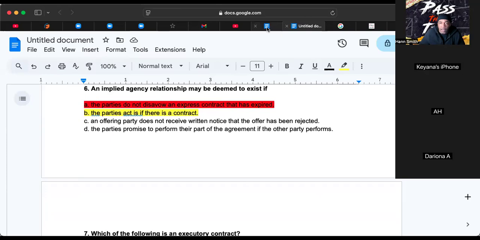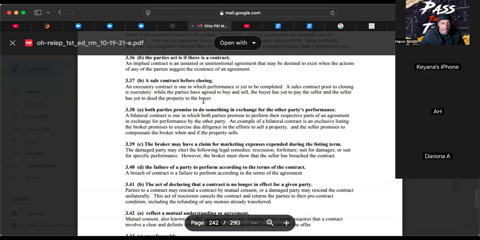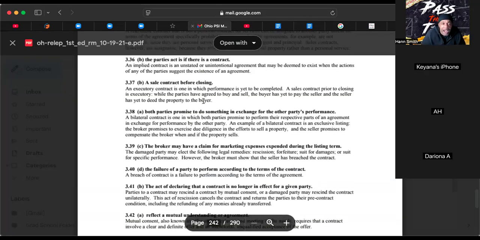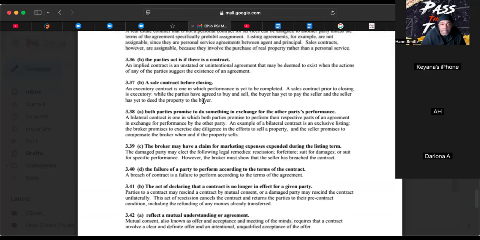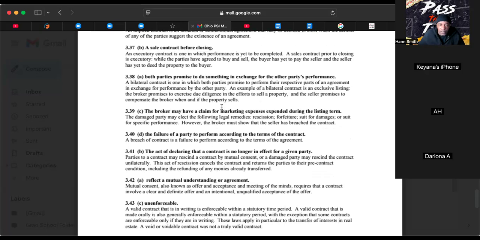And the response to that is an implied contract is an unstated or unintentional agreement that may be deemed to exist when the actions of any of the parties suggest the existence of an agreement. That's a great definition for implied contract. It's a little long, but I would write that one down. This is all in that book too, by the way.